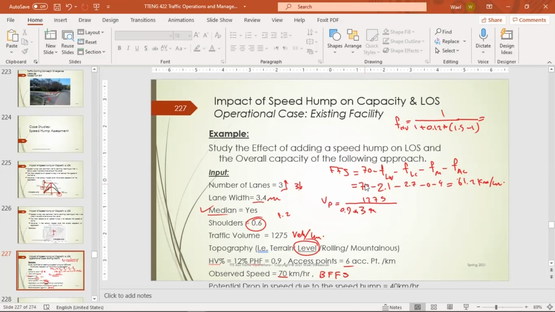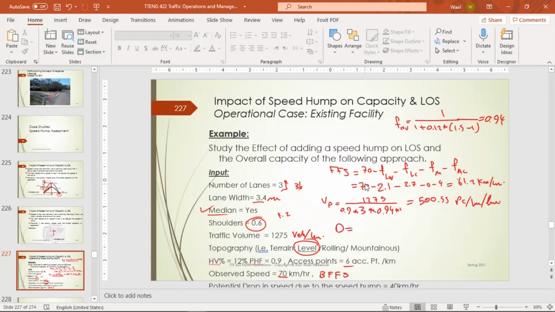So this will be 0.12 multiplied by 0.5 plus 1, which gives 0.94. So this is 0.94 multiplied by 3 multiplied by 0.9 multiplied by 1275, so we have 500.55 passenger cars per hour per lane.